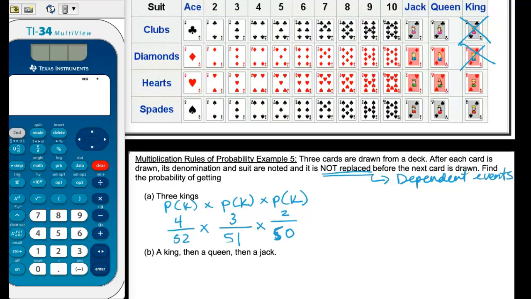And so I'm going to multiply these together, just like the last problem. Depending on your calculator, if you have a graphing calculator, you can throw parentheses around these and multiply them and be fine. If you have a TI 34 or 30, I would recommend reducing these first. You could do it by hand: 4 out of 52, you could reduce this by dividing both by 4 and getting 1/13.